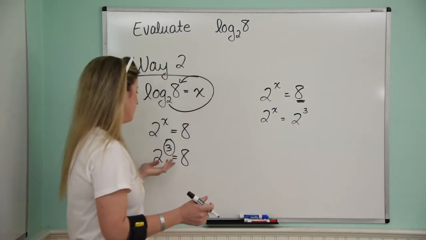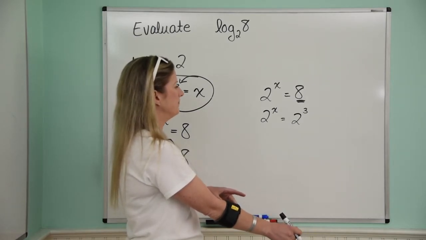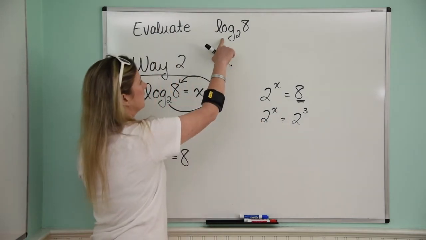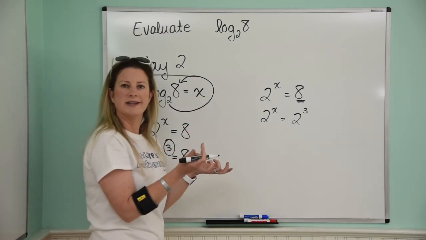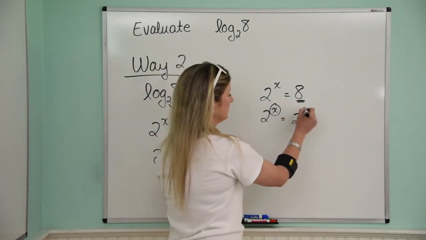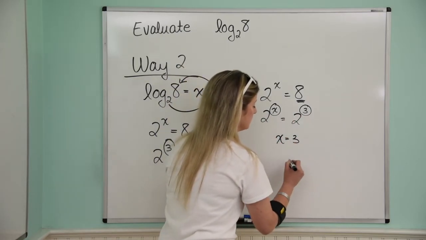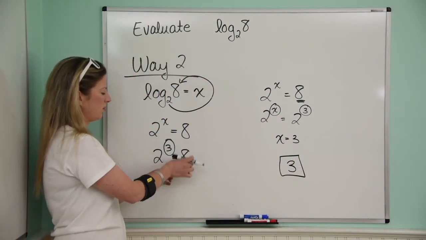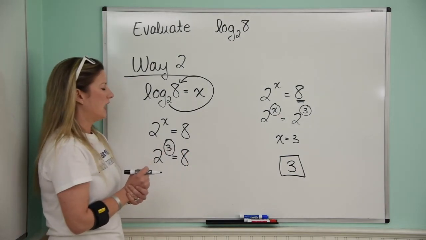If your teacher wrote log base 2 of 8 equals x plus 1 and you were solving for x, this strategy is better, because if the bases are the same, the exponents must equal each other, so x equals 3. If you can't recognize it right away, ask how you could write this as 2 to something, as a power.